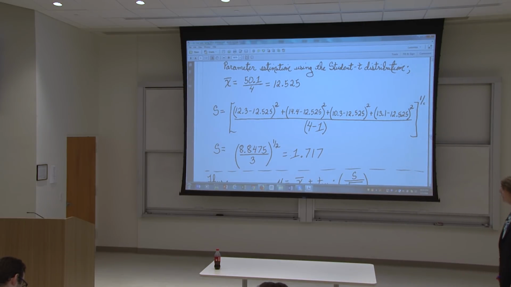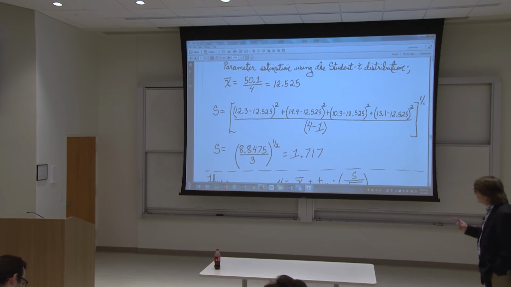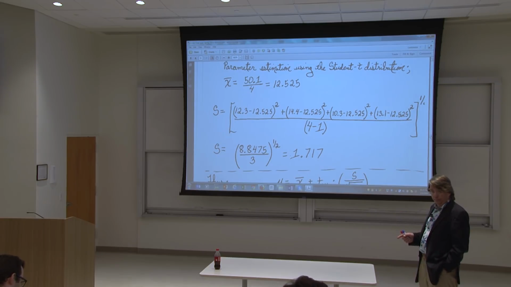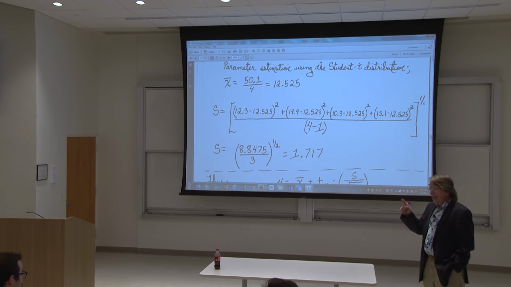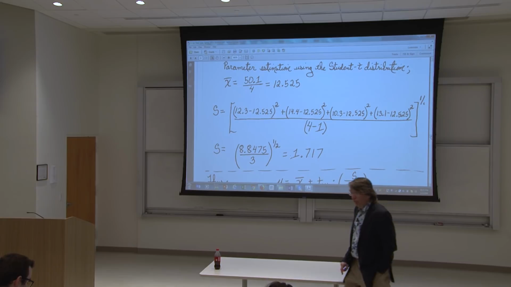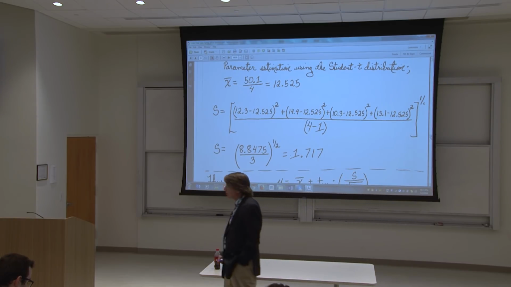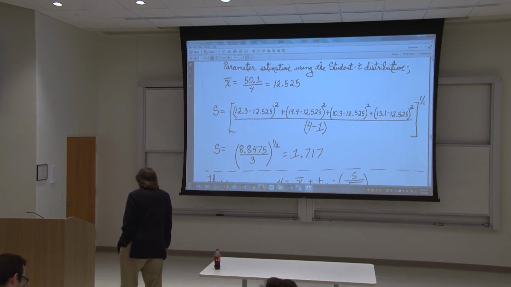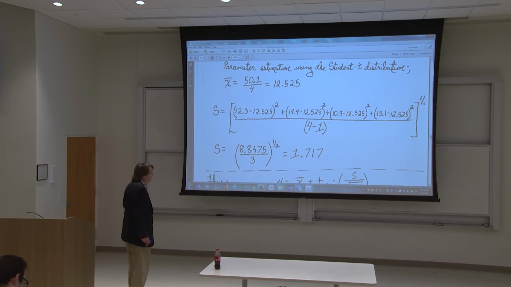So how do I calculate the standard deviation? I take each of the 4 points, and one by one, I subtract the mean and square. I then add them all up, divide by n minus 1, and then take the square root, raised to the 1/2. And now we get the standard deviation.